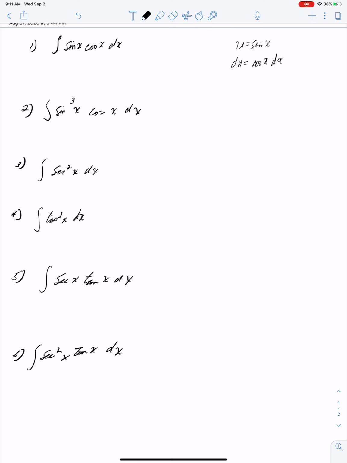So this integral becomes the integral of u du, which you know is u squared divided by 2, add c, or sine squared x divided by 2 plus c, and there you have it. Nothing could be simpler, right?